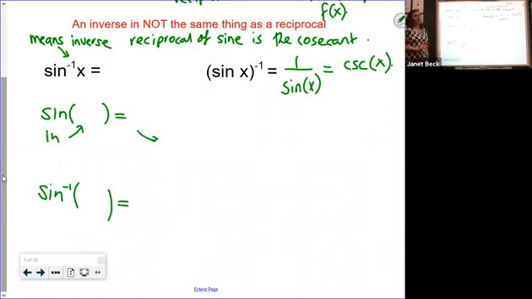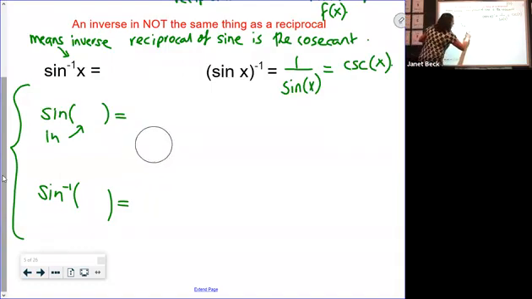Now, this stuff I'm drawing here, please write this out very neatly, with space around it, so you can come back and look. Because if you don't understand this part, you're going to get very lost in this unit. These notes right here are really important. What goes into a sine function?